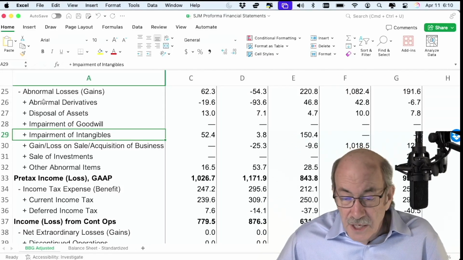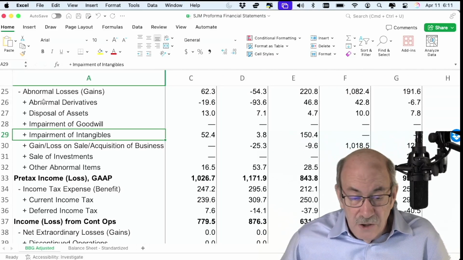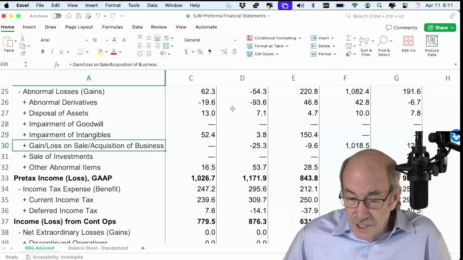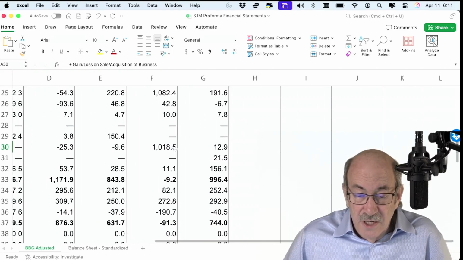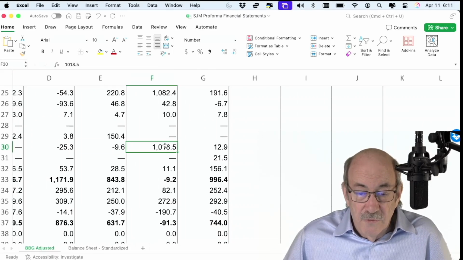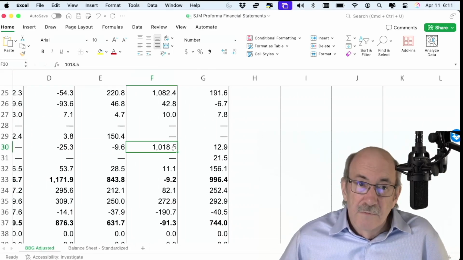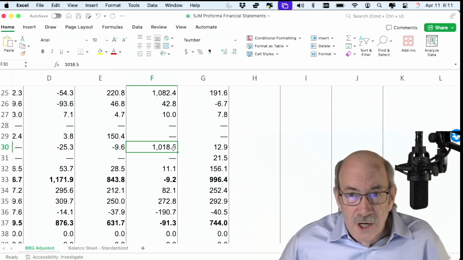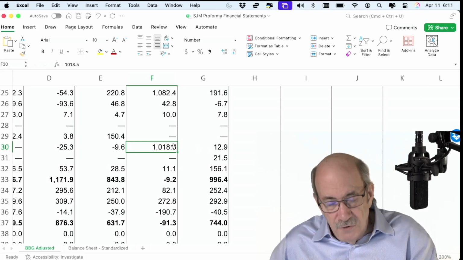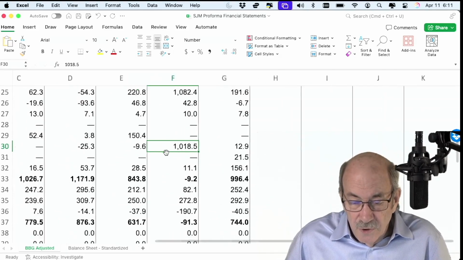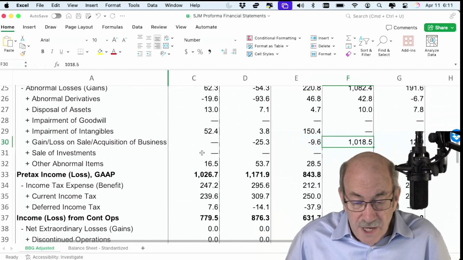And now, if you see some big values in there, like, for instance, right here, under gain or losses on sale, acquisition of businesses, here we see a big value. Well, that was an acquisition, right? So not a big surprise that that's there, but we don't want to have that influence anything in the future. So we're going to take account of that.